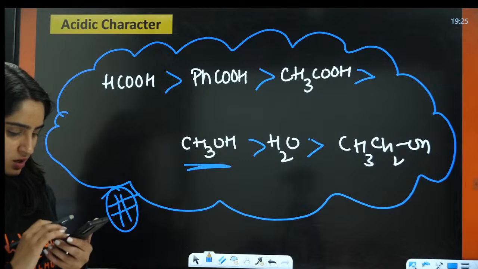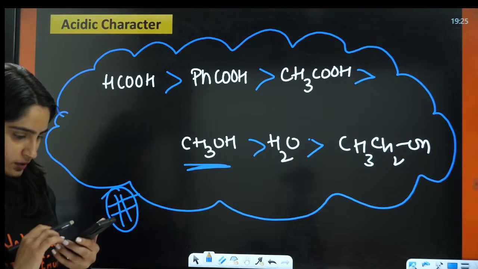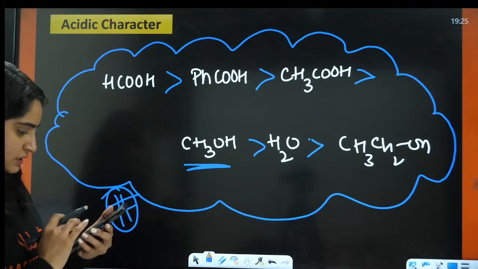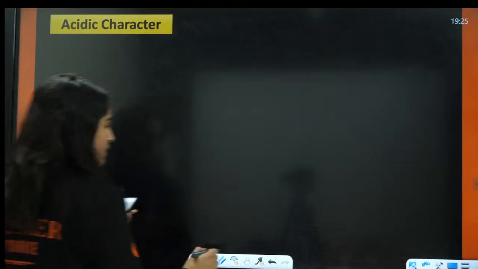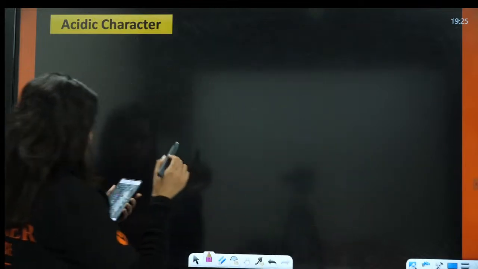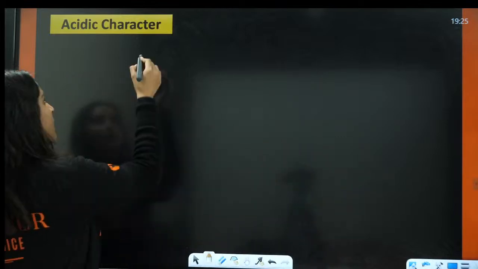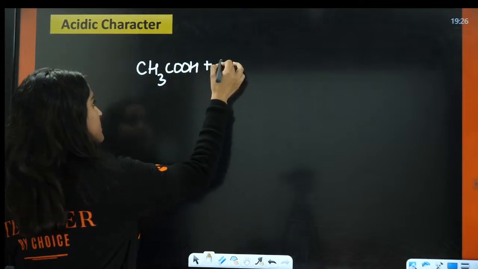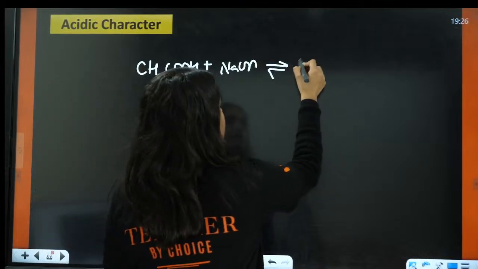Before doing the question, one more thing I'm writing here. We are done with this. So now another concept: this is CH3COOH, this is NaOH. This is an acid base reaction, right?